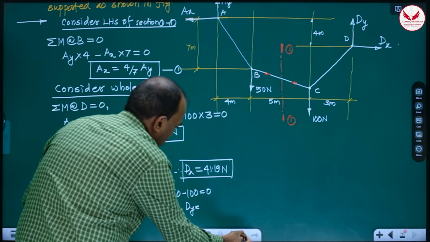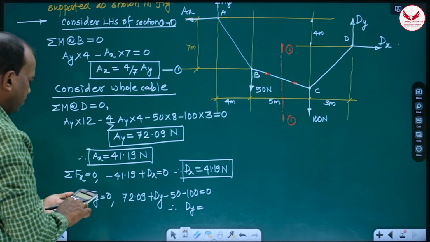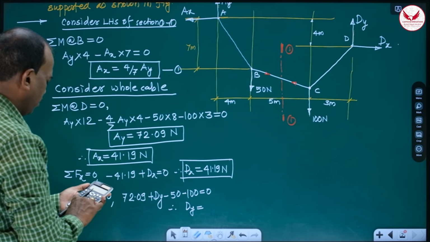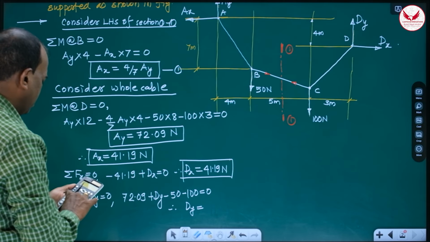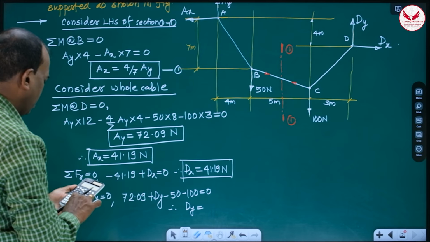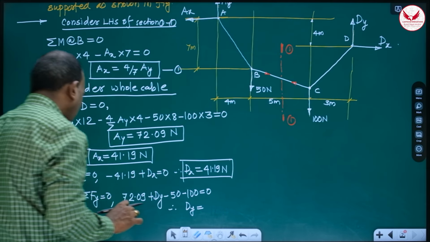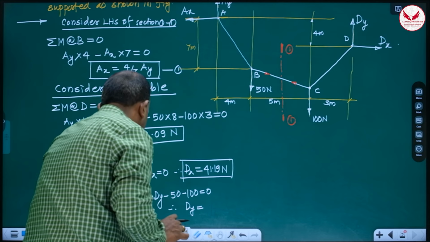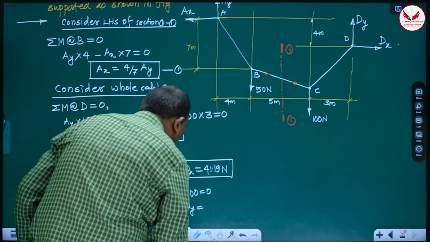Means finally DY is 150 minus 72.09, which is 77.91.